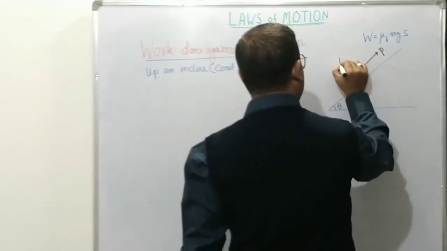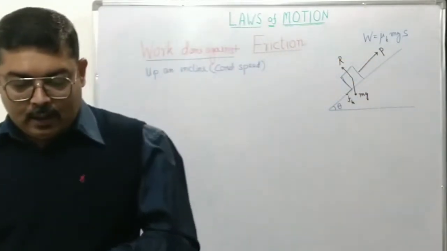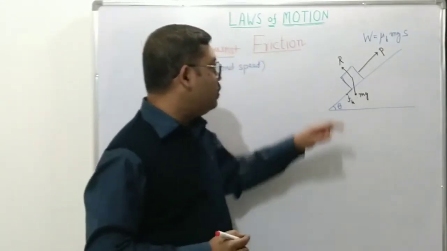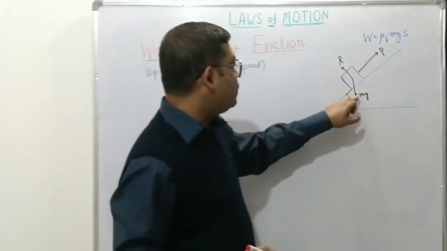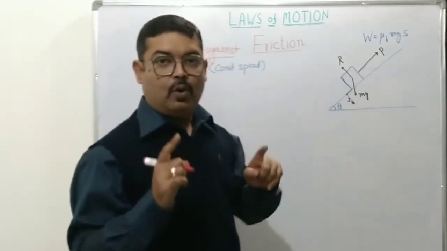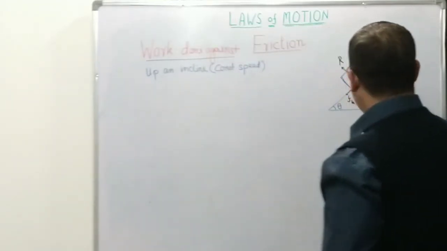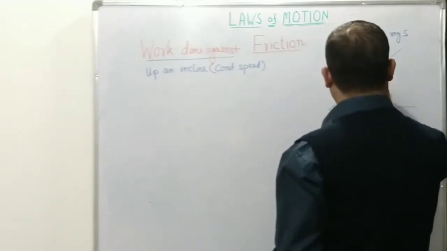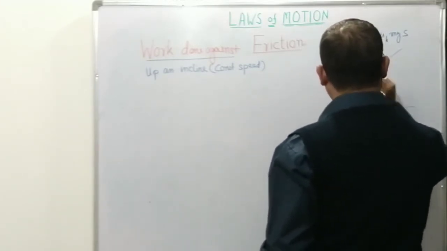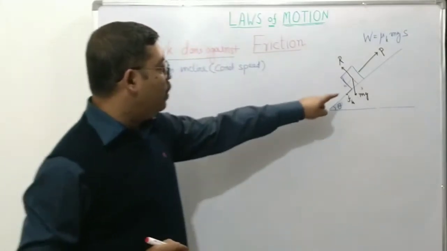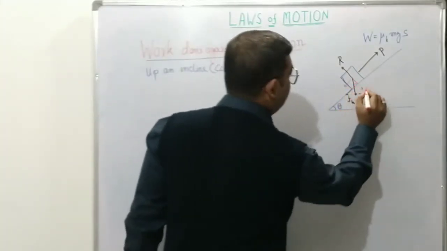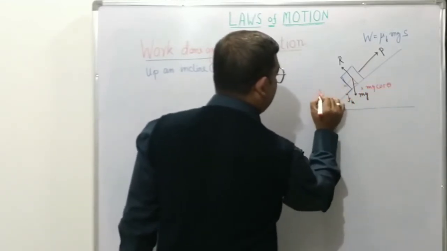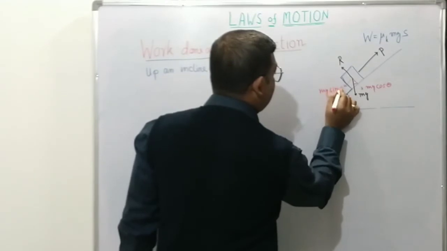Let's call this R. To understand this better, we need to resolve the mg, which is not along or perpendicular to the plane, into two components: one component perpendicular to the plane and the other component along the plane. These two will be the components of the force mg. This angle will be theta, so this will be mg cos theta, and this will be mg sin theta.